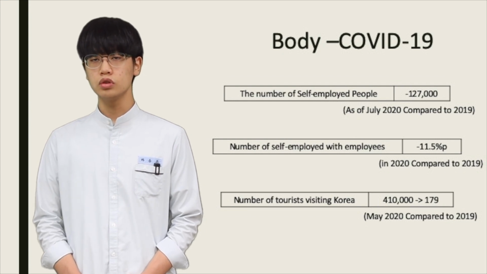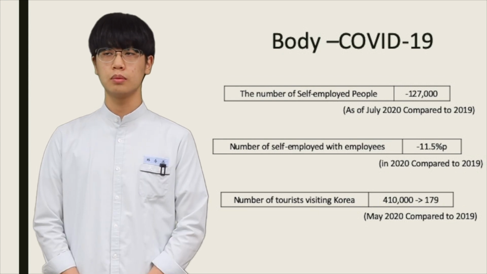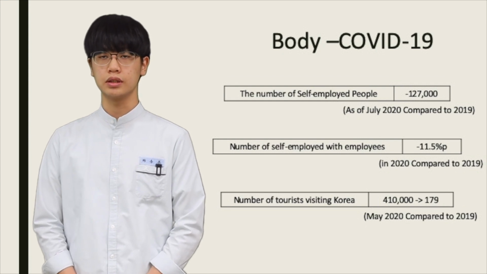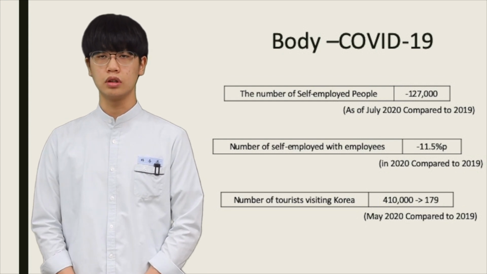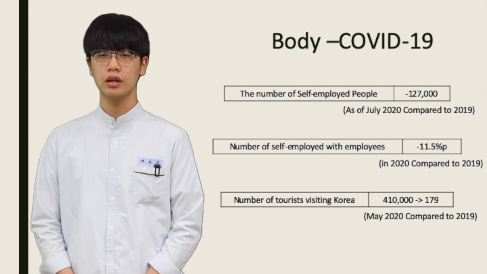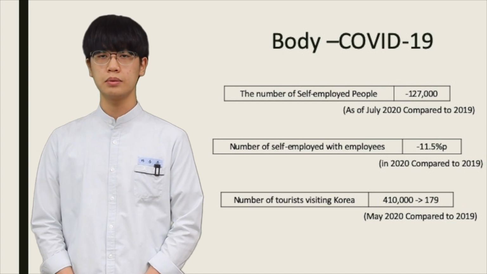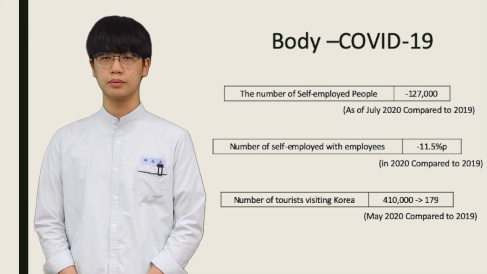It was down 2.2% from the previous year. Among them, the number of self-employed people with employees fell 11.5% from the previous year. In particular, the number of tourists visiting Korea was 410,000 in May 2019, but only 179 in May this year.